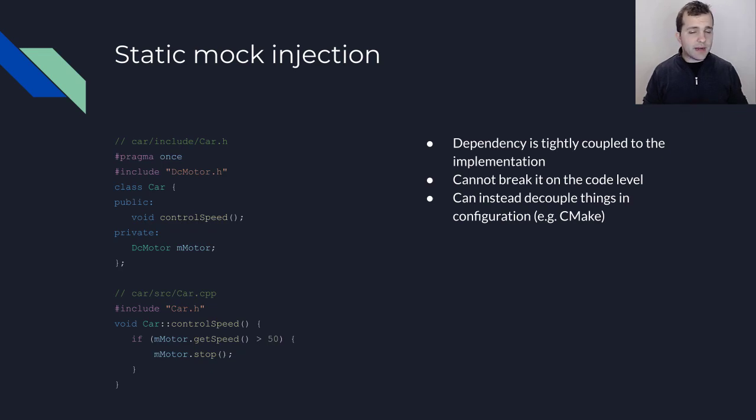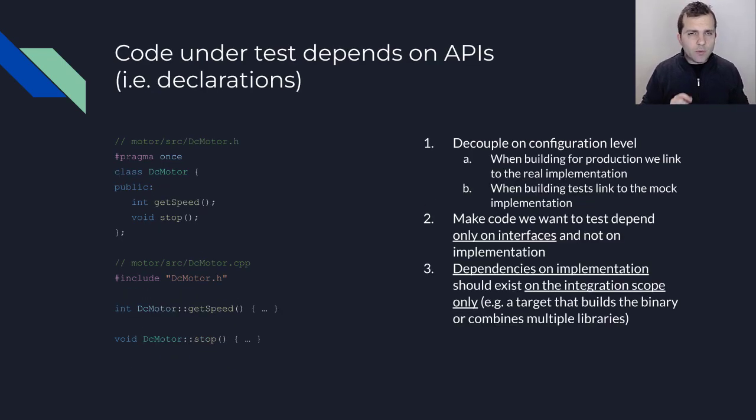To have the implementation we want to test use a mock dependency, we have to decouple it from the real one. We will not change any code. Instead, we will do this on the configuration level. When we build for production, we will link to the working dependency, otherwise to the mock implementation.